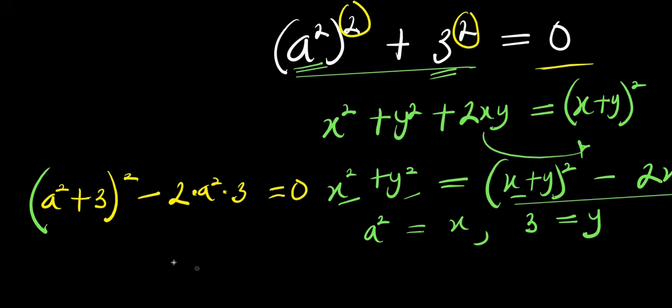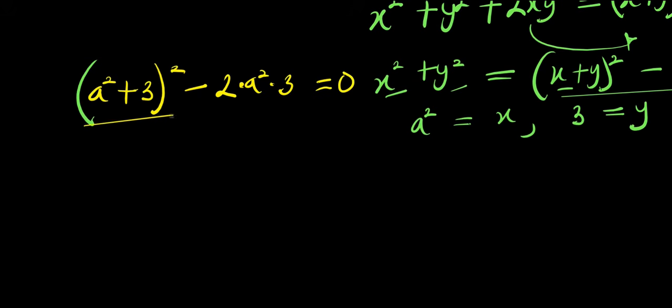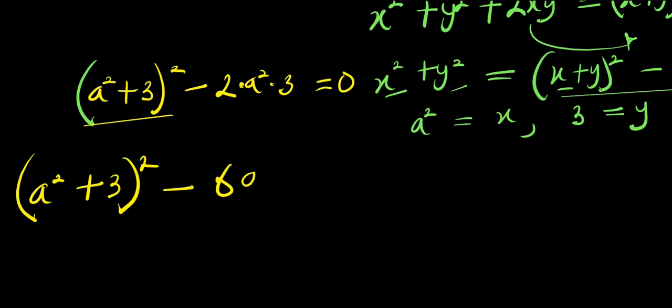because the right side is 0. So from here, we have a squared plus 3 raised to the power of 2 minus this, 6a squared, equals 0.